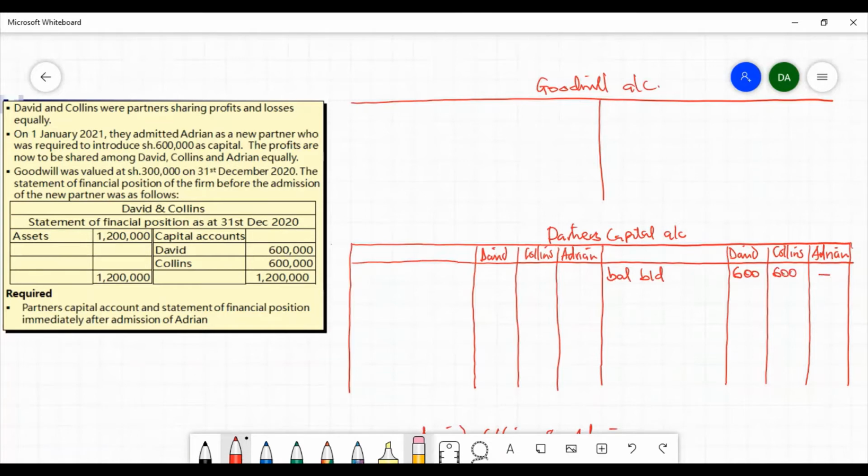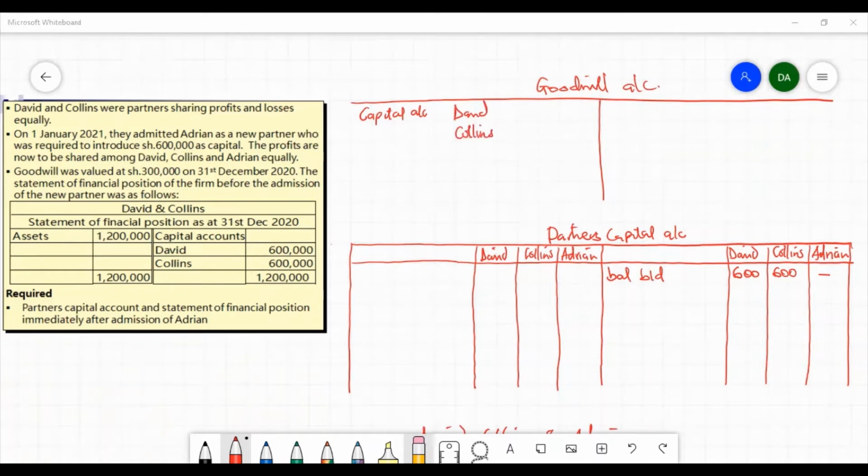After that, we record the goodwill valued. The goodwill valued is recorded on the debit side of goodwill account, and in the capital account, goodwill is divided between the existing partners in their profit sharing ratio. The existing partners are David and Collins.